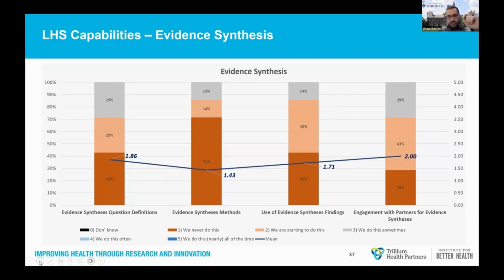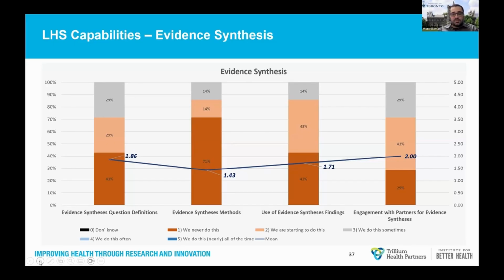The use of appropriate evidence synthesis methods, and we define those in the survey question. And then the third one is about using evidence synthesis in your improvement and change initiatives. And then the fourth, and this is present in all of the gears, it's about engaging a diverse array of partners throughout your evidence synthesis activities, right?